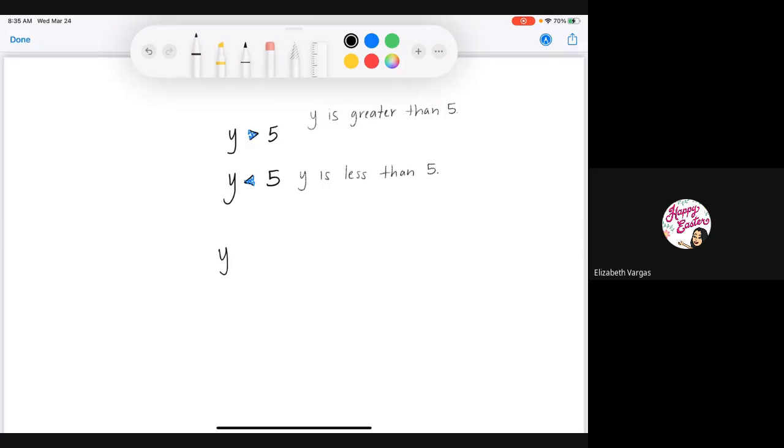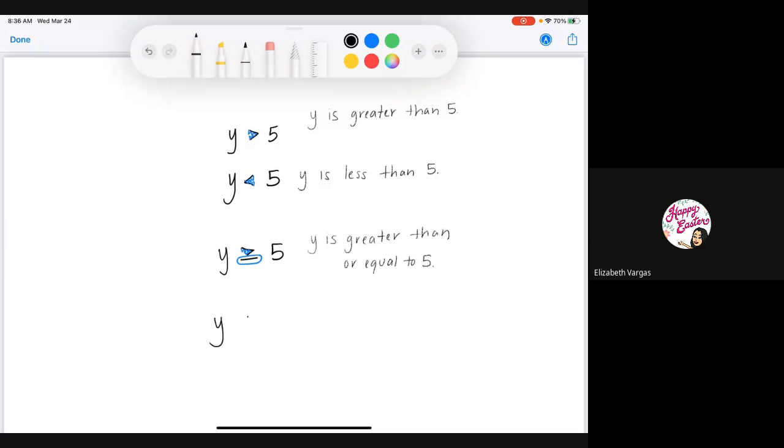So what if I have y is greater than or equal to 5? Well, again, this symbol tells me that y is greater than 5. But this symbol right here tells me it can also be equal to 5. So it can also be 5, or it can be a number greater than 5. So this is telling me y is greater than or equal to 5. Okay?